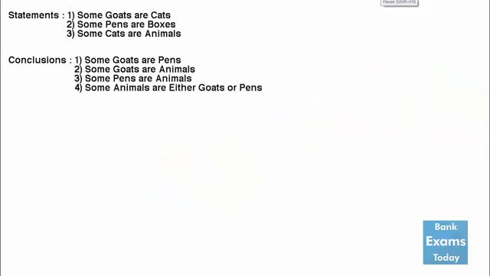Let's do another question. Some goats are cats, some pens are boxes, and some cats are animals. Then there are four conclusions. So let's draw the diagram for these three statements. So first of all, some of the goats.